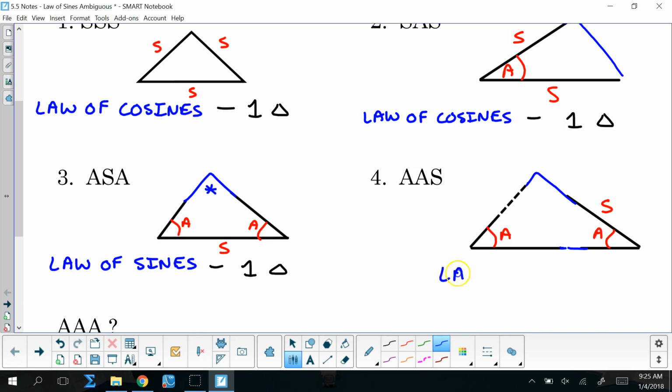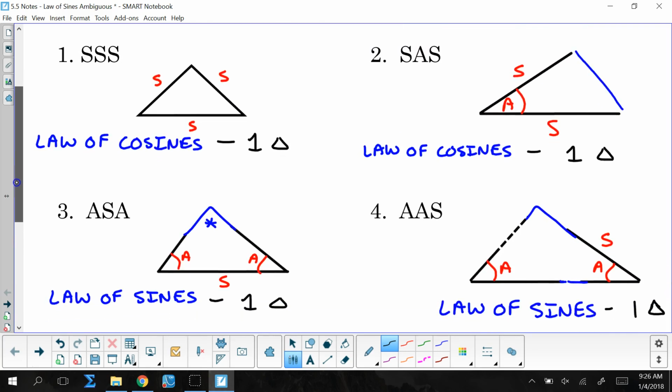So we could use the law of sines here. And the nice thing is, we still get one triangle. Those are the four easy ones, because they only produce one triangle each.